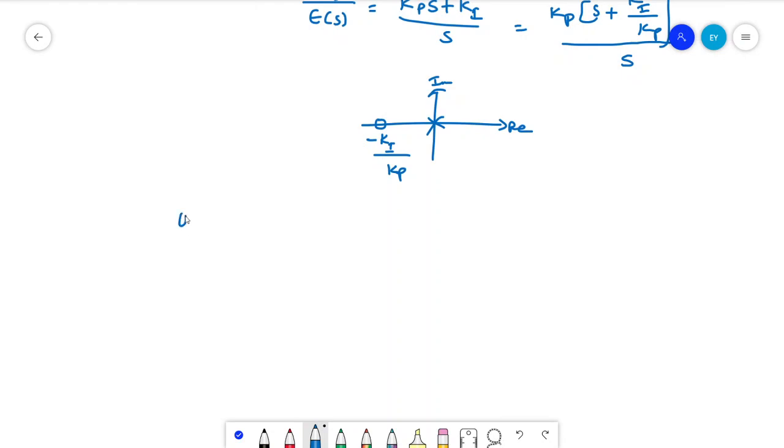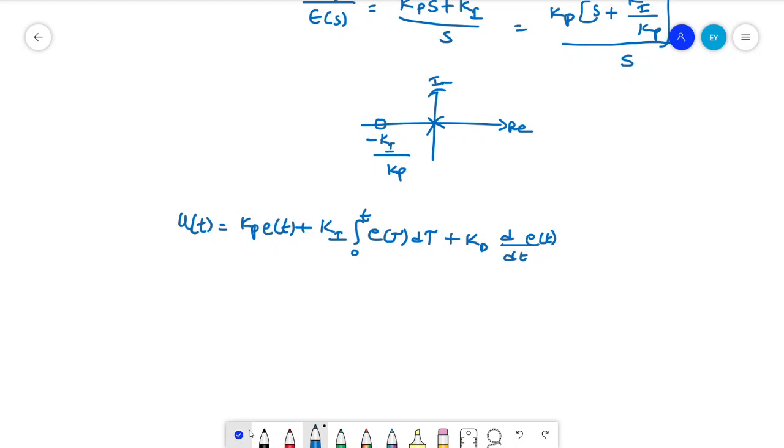As we know, u of t is nothing but kp into e of t plus ki integration 0 to t of e of tau d tau, plus the derivative term, that is kd d by dt of e of t, right?